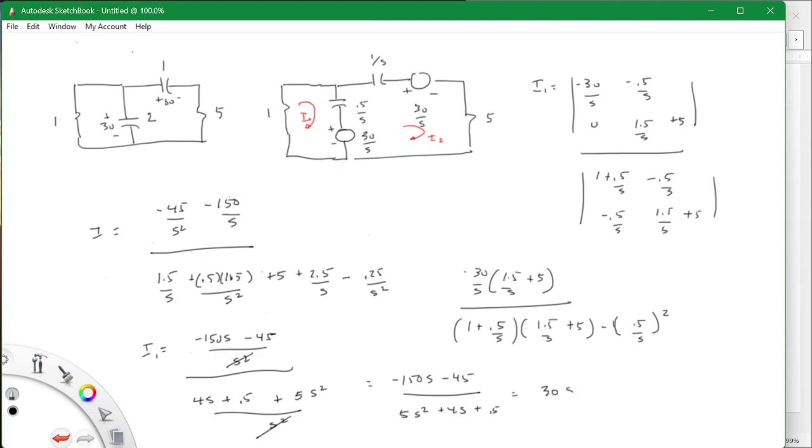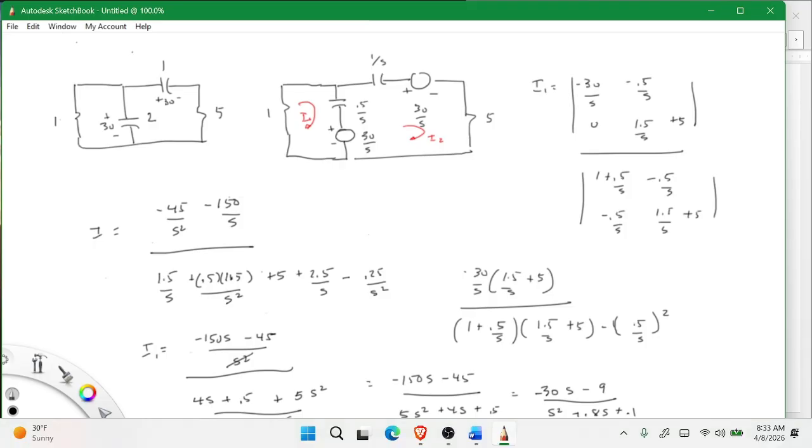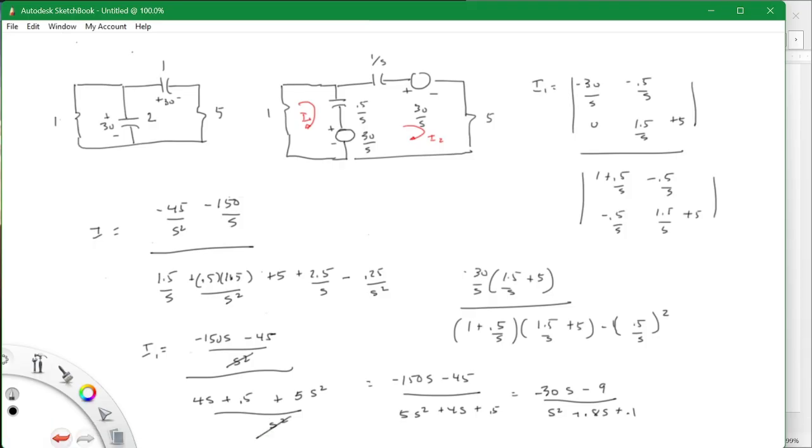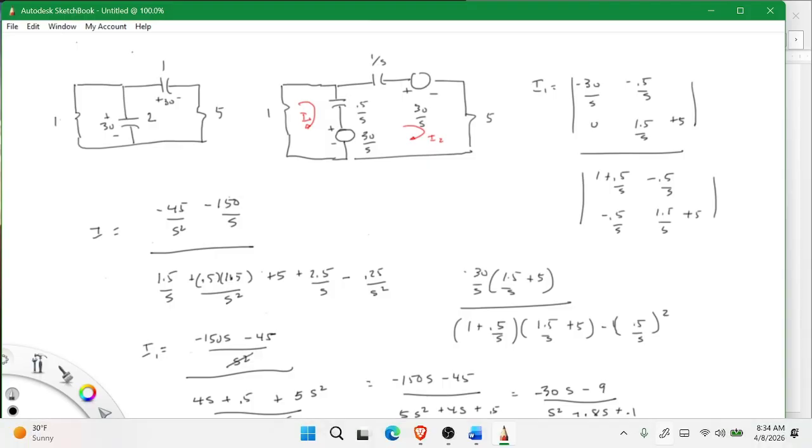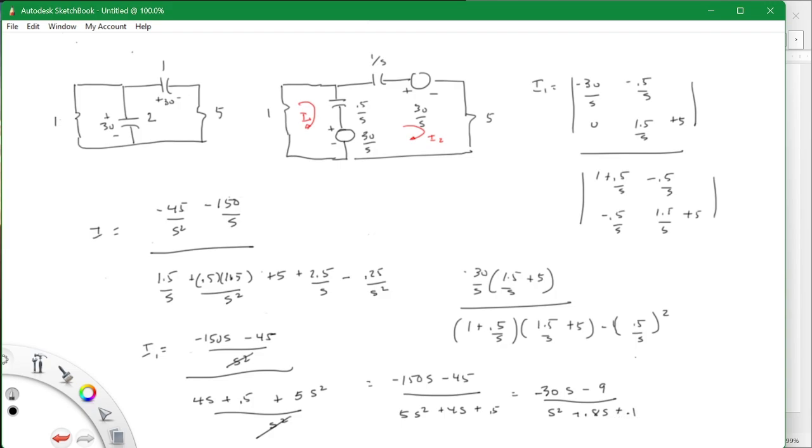Minus 30S minus 9 over S squared plus 0.8S plus 0.1. So what do you do with that? Put the denominator in the quadratic equation and get your two parts, okay? And that's it.